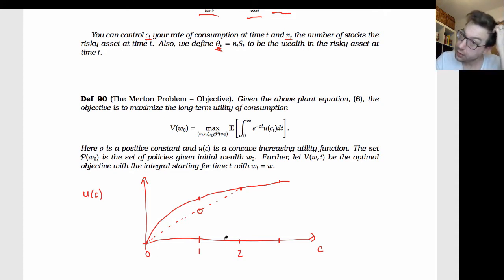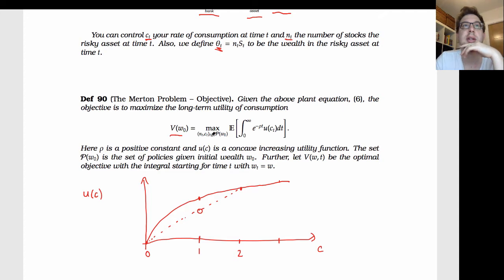Okay, enough about utility functions. Let's get back to our objective function. Our objective is to maximize our long-term consumption. Here our value function is going to look at the maximum that I can get of investing my wealth in stocks and in consumption.